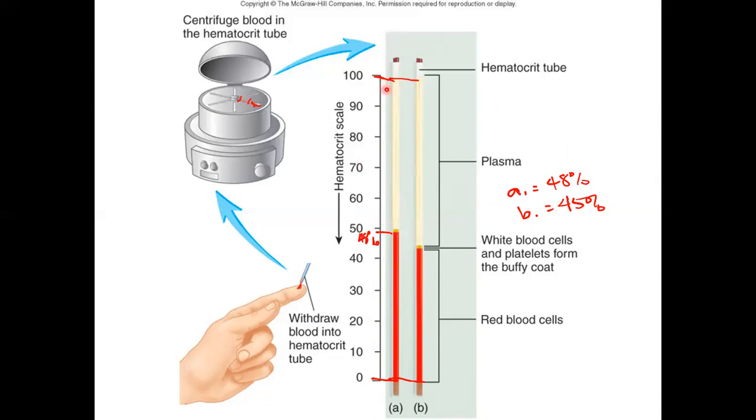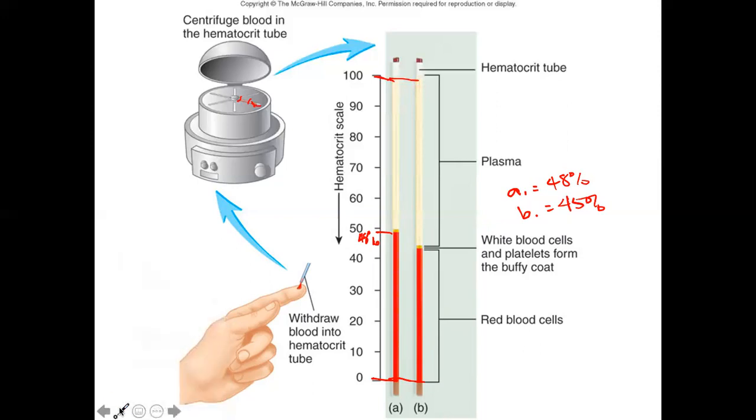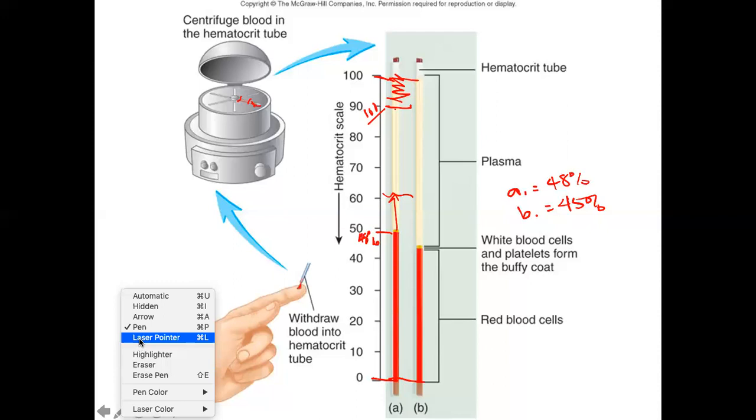When you lose plasma volume, let's say we've lost this to dehydration. So on the scale, you line up the top of the plasma with the 100 mark. So this is now the 100 mark, and this is artificially higher, right? This would be at the 60 mark. And so somebody who's dehydrated because they've lost plasma volume, their packed red blood cell amount looks higher, or it's artificially higher.